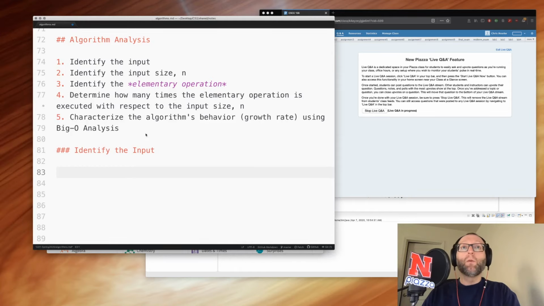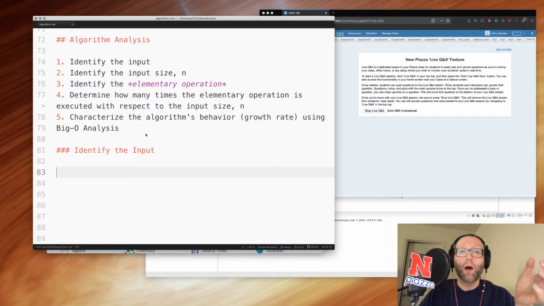So to continue from last time, remember we left off with this 5-step process for algorithm analysis where you identify the input, you identify the input size, and we usually call that n because we're going to end up coming up with a function with respect to the input size n on how the algorithm behaves. The third step is that we're going to identify the elementary operation.